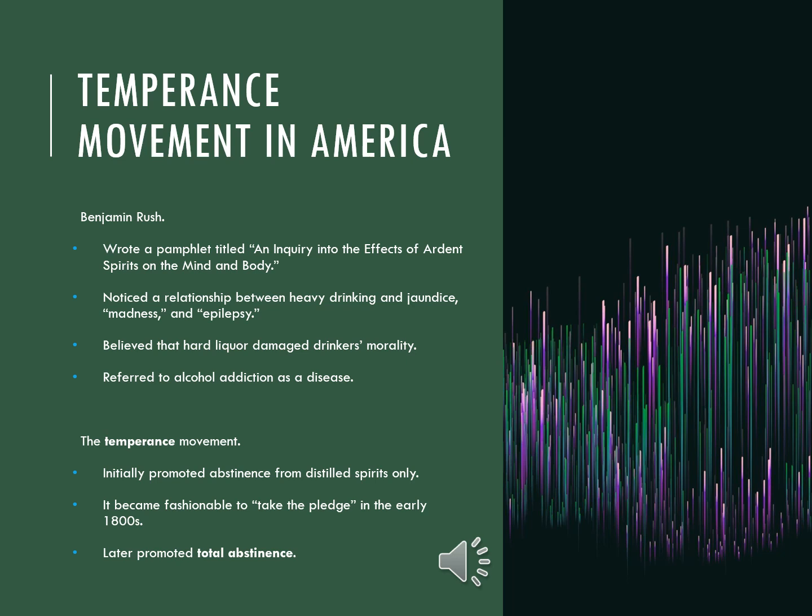As a physician, Rush had noticed a relationship between heavy drinking and jaundice, which is an indicator of liver disease, madness, or perhaps delirium tremens of withdrawal, or what they look at as Korsakoff's psychosis, and epilepsy, probably the seizures seen during withdrawal. However, Rush also concluded that hard liquor damaged the drinker's morality, leading to a variety of antisocial, immoral, and criminal behaviors.